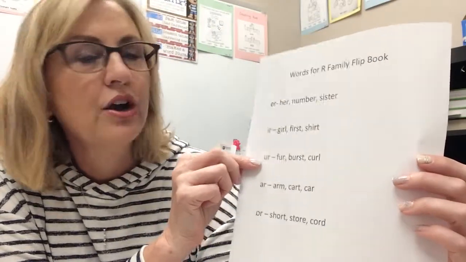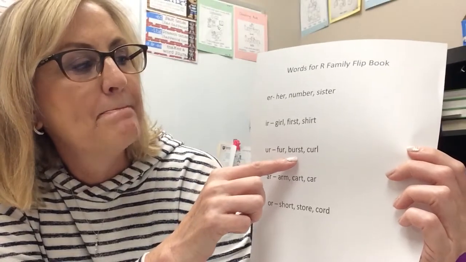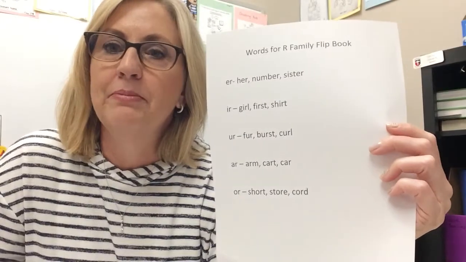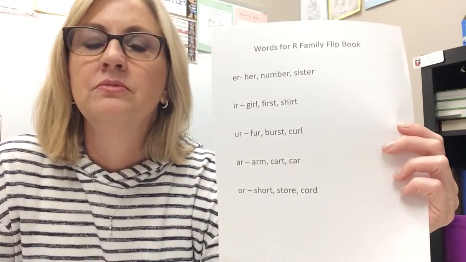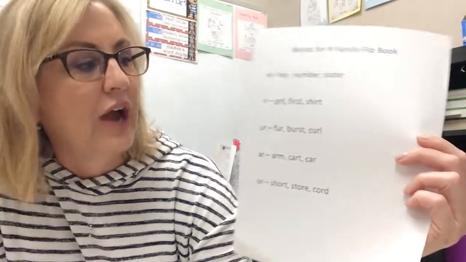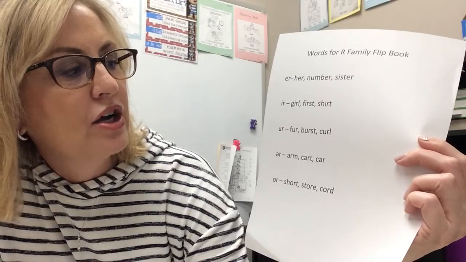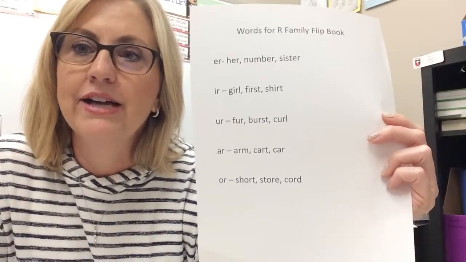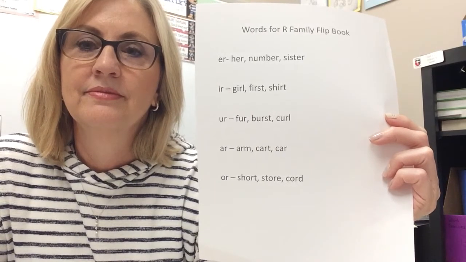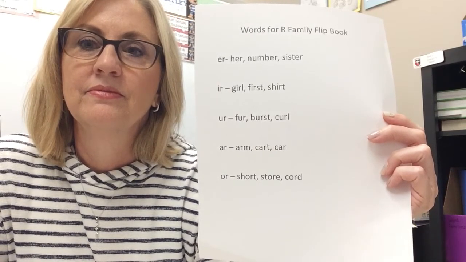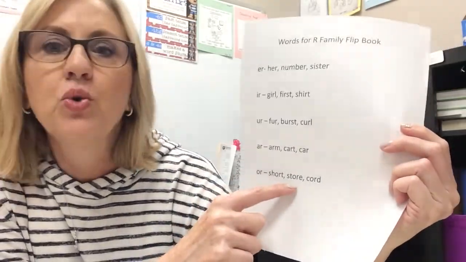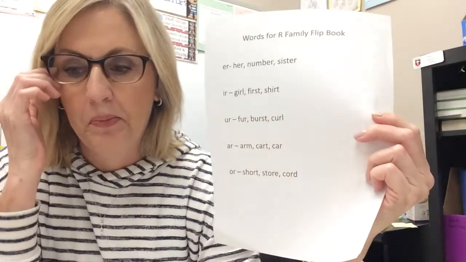Okay, on UR, your choices are fur, burst, curl. Write one of those under your UR flip. Under AR, choose arm, cart, or car as your example. Okay, and under OR, your choices are short, store, or cord.